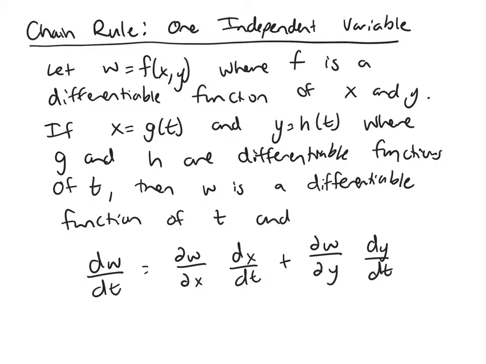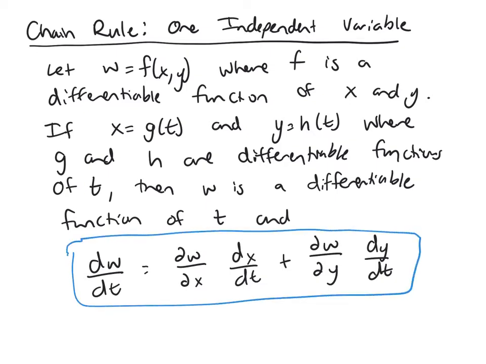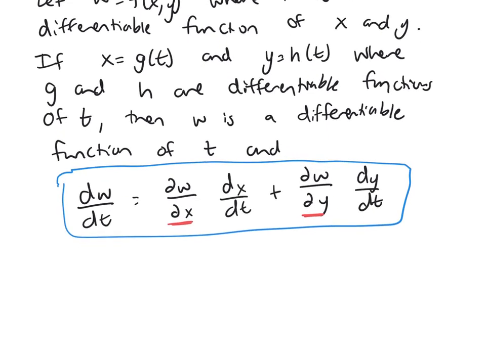So the only places where you have partial derivatives are when you're looking at the derivatives of w with respect to x and y. Those are partial derivatives, and the rest of them are just regular derivatives, derivatives of functions of a single variable.